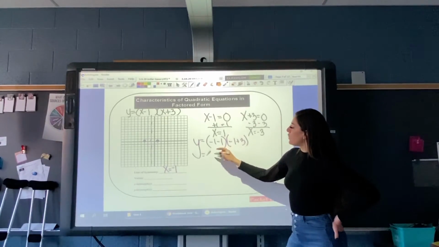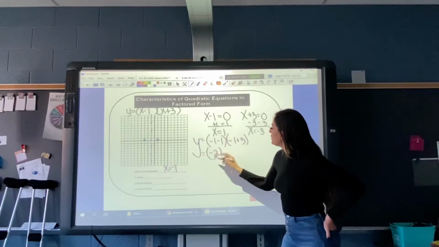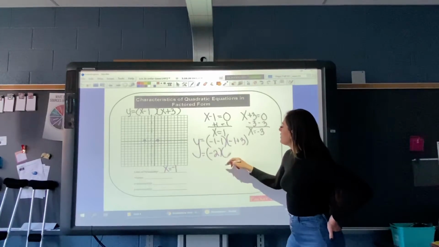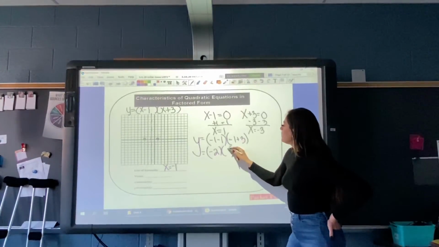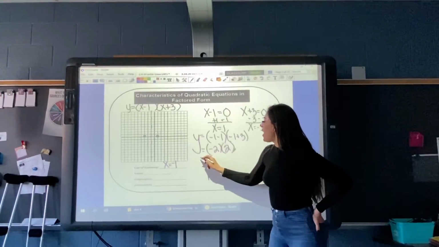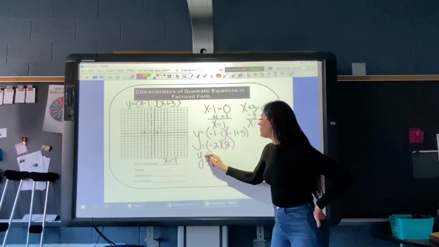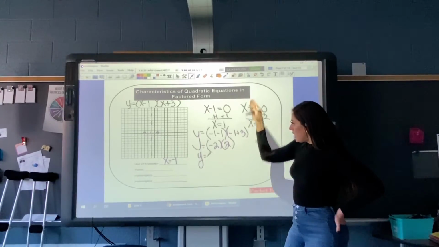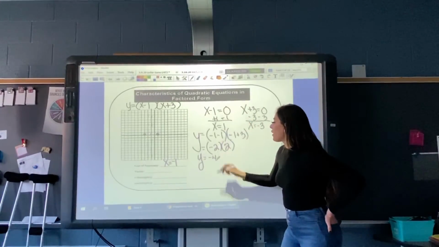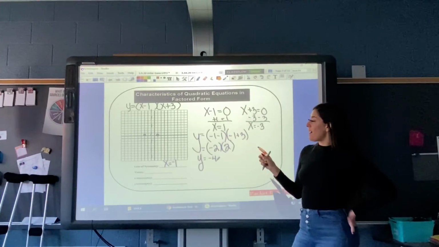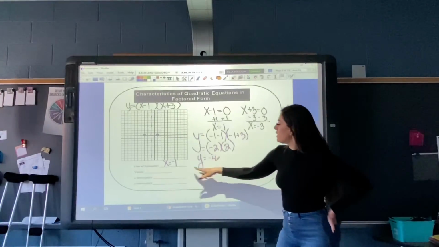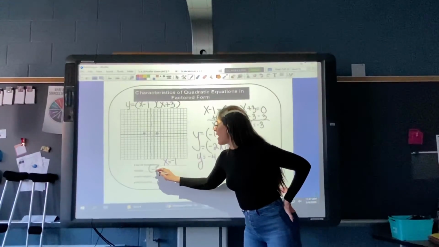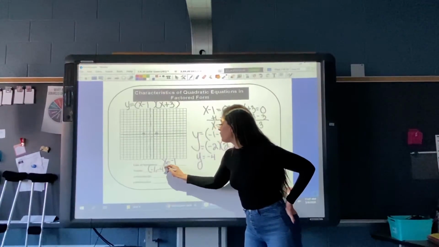Negative 1 minus 1 is negative 2. Negative 1 plus 3 is 2. So my y value along my line of symmetry is negative 4. So that tells me that my entire vertex is at negative 1, negative 4.